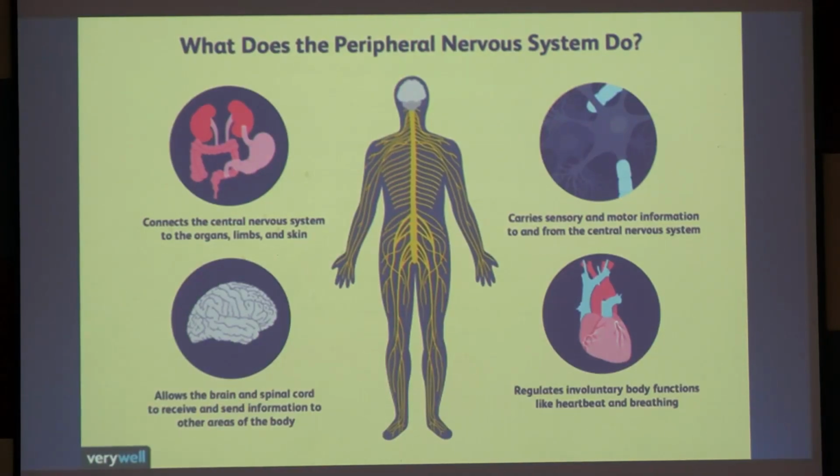So the enteric nervous system, an independent part of the peripheral nervous system, or a part of it, has some regulation by the central as well as the sympathetic or parasympathetic nervous system. This is the enteric nervous system.